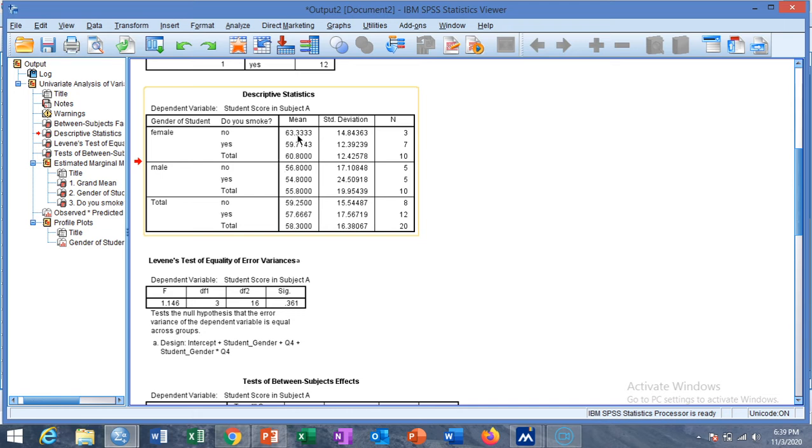Basically this is the mean score of female students who don't smoke, and this is the mean score of female students who smoke.